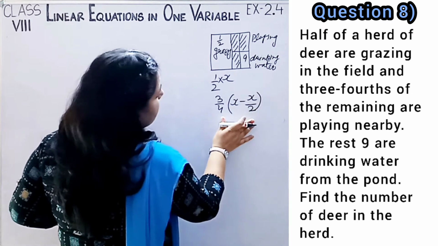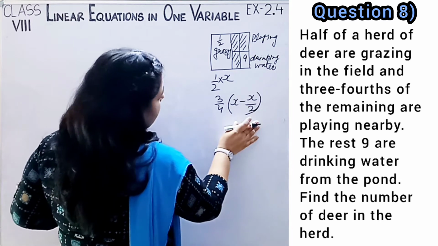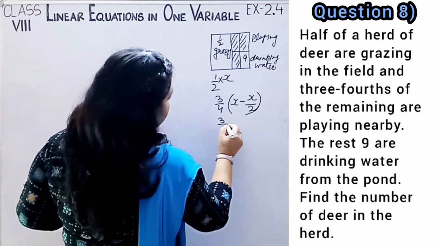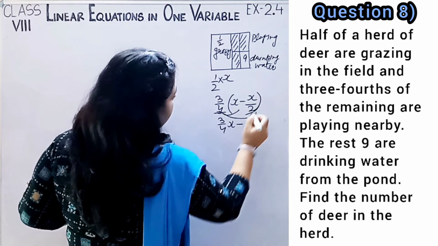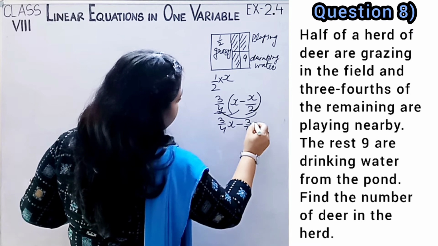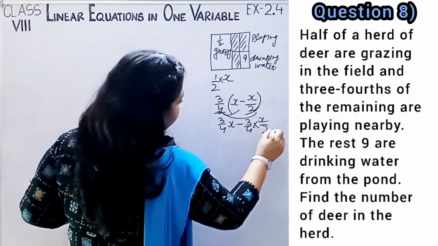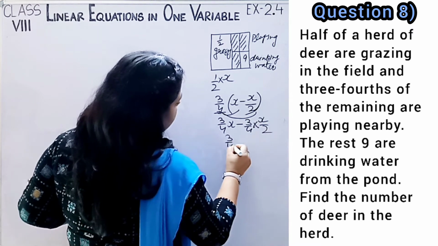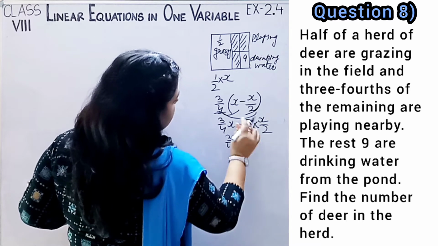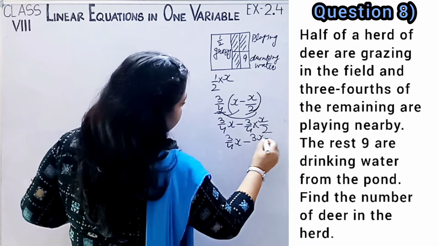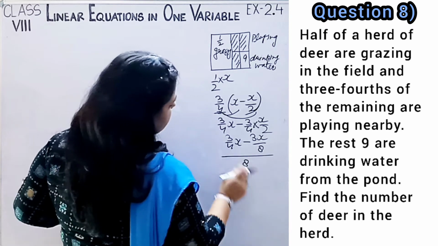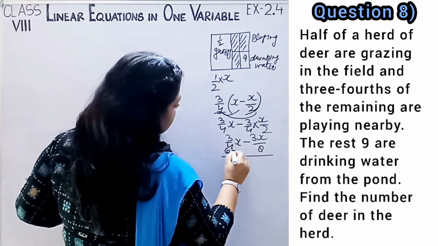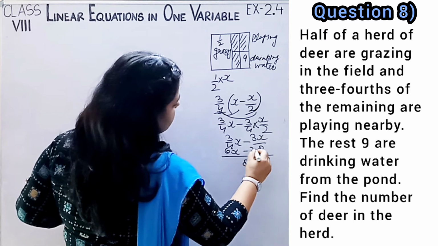This is given in the question. 3/4 of x by 2, so 3x by 8.